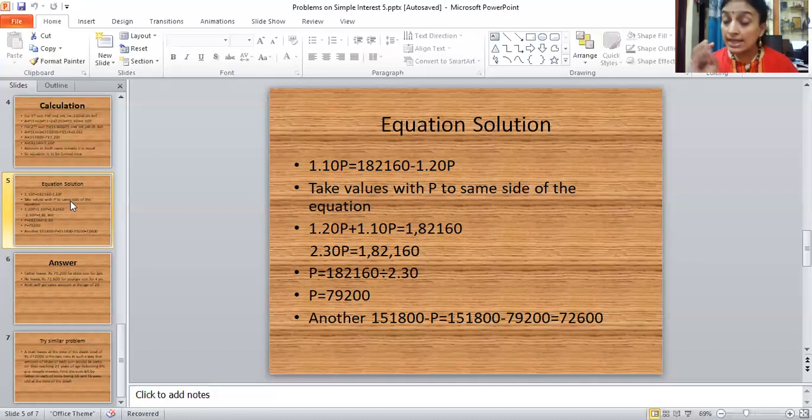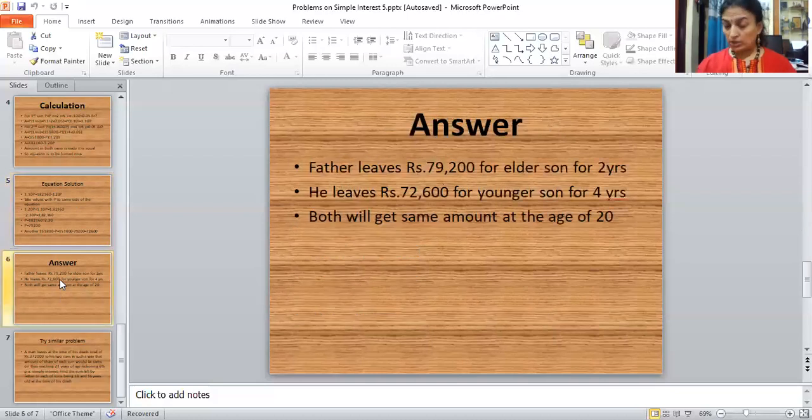The answer is 72,600 for the younger son. Therefore, now we have calculated the answer that the father has left rupees 79,200 for the elder son, which is invested for 2 years, and he leaves rupees 72,600 for the younger son, which he invests for 4 years. And at the age of 20, they receive the same amount.